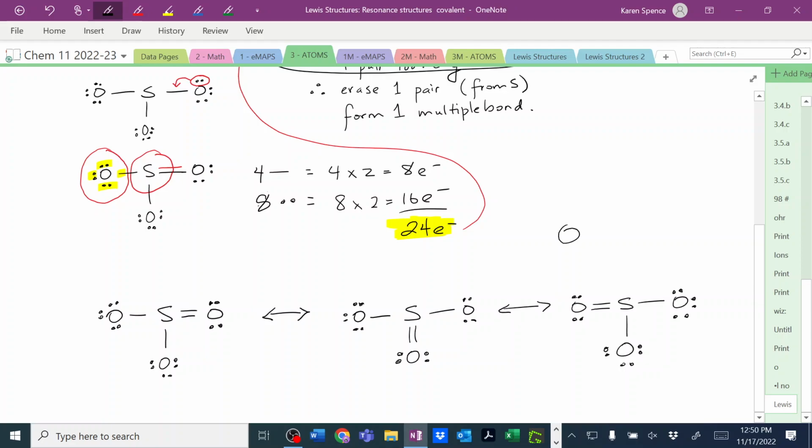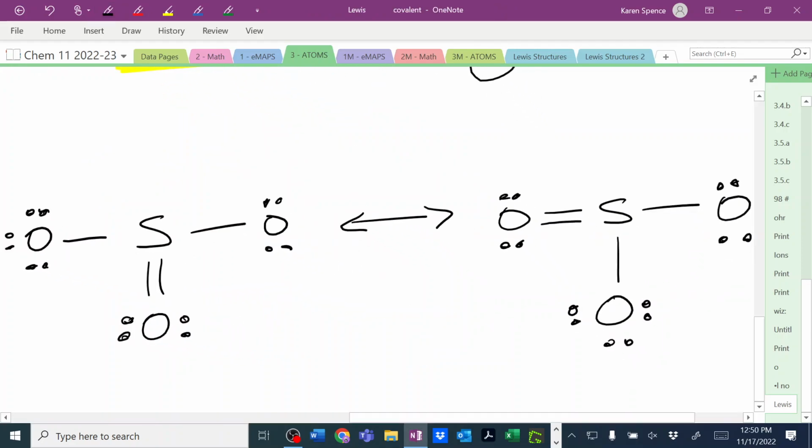You don't want to say, oh, over here I've got 3 lone pairs and a double bond, because now how many would that give this poor little oxygen here? 10, which would be a sad, sad thing. So if you move the double bond, you also have to move your lone pairs.